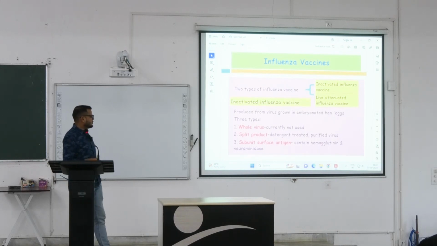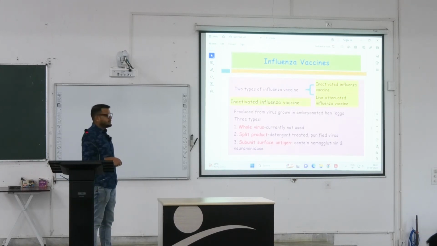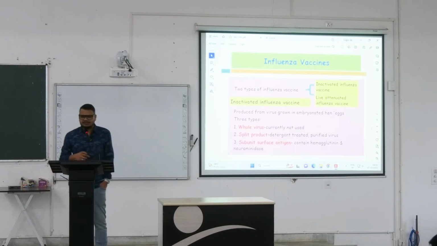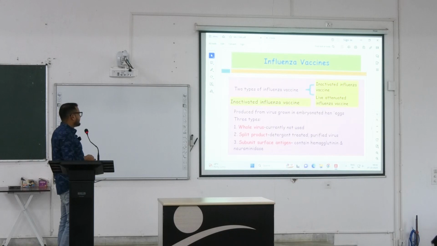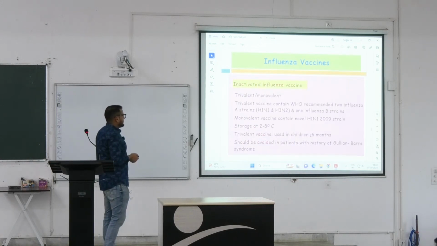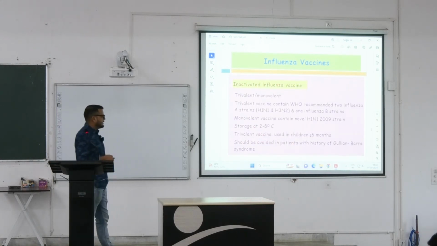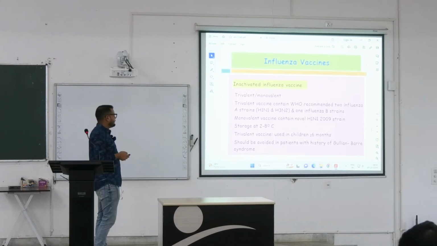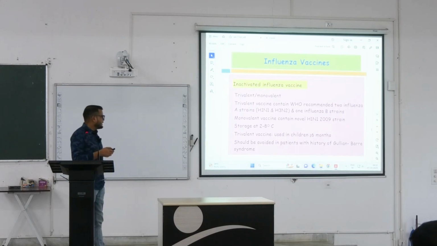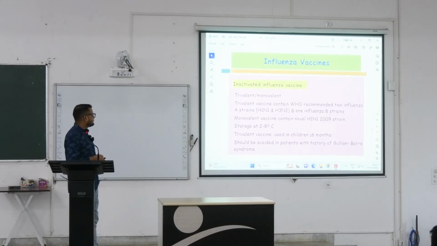Subunit surface antigen contains hemagglutinin and neuraminidase, which you know from microbiology. Inactivated influenza vaccine is a trivalent or monovalent vaccine, again stored at 2 to 8 degrees centigrade, and should be avoided in patients with a history of Guillain-Barré syndrome. Leave it, but basically you have to give influenza vaccines to the geriatric population, 0.5 ml.